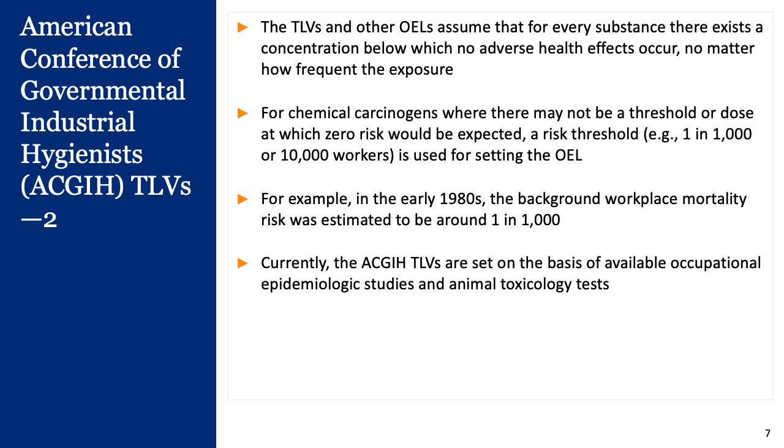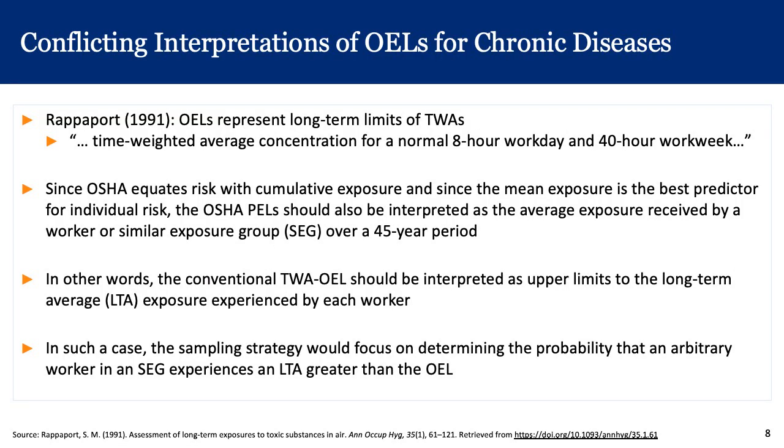Currently, the ACGIH TLVs are set on the basis of available occupational epidemiologic studies and animal toxicology tests. There have been conflicting interpretations of the exposure limits for chronic diseases. Steve Rappaport in 1991 interpreted OELs to represent long-term limits of time-weighted averages.